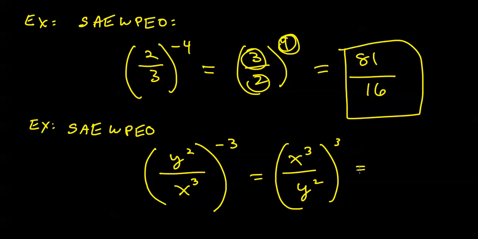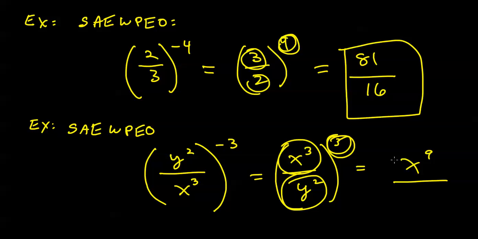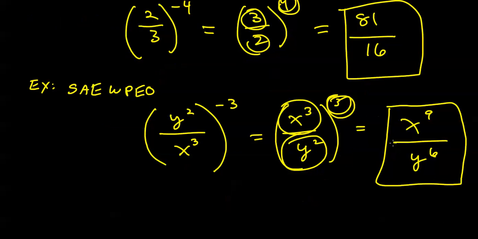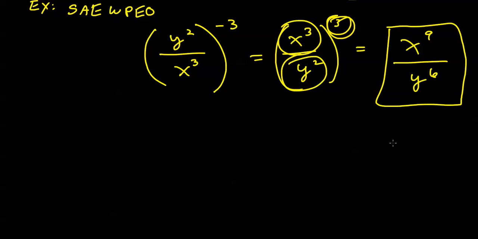Makes it quite a bit quicker. Alright, so in my numerator, x cubed is of course x to the 9th, multiplying those exponents, and downstairs y squared cubed is y to the 6th. Again, kind of a nasty problem turned into a one or two stepper if you can apply the rule properly.